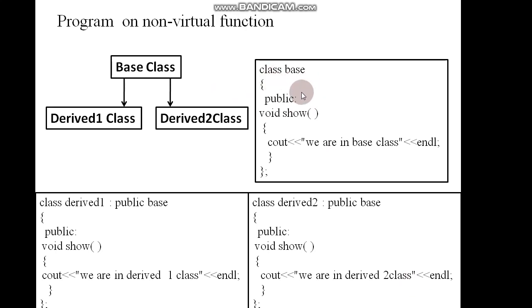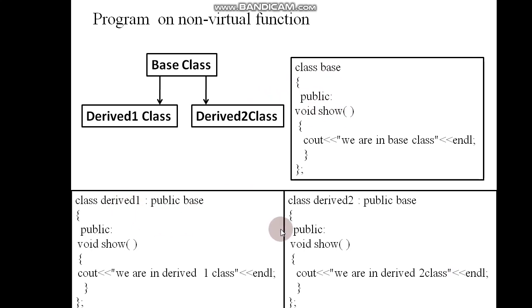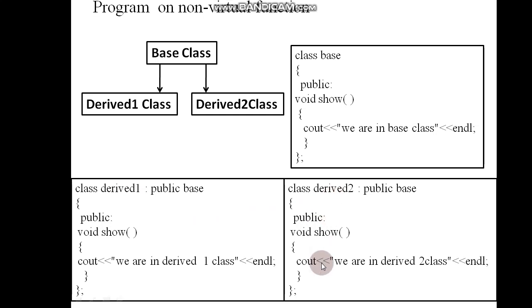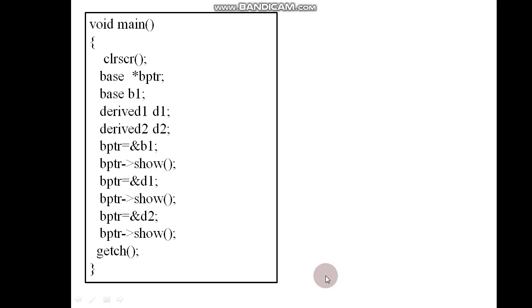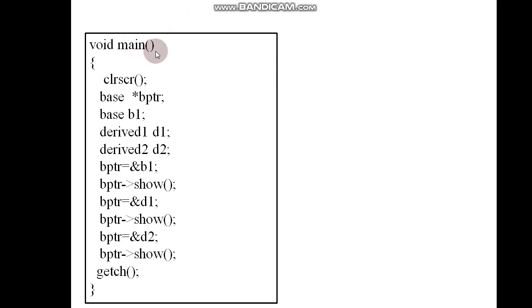Now the function show in the base class, derived 1 as well as derived 2 have different implementations. In the main function, we can make use of a pointer of the base class to point to the objects of the base class as well as objects of derived classes.